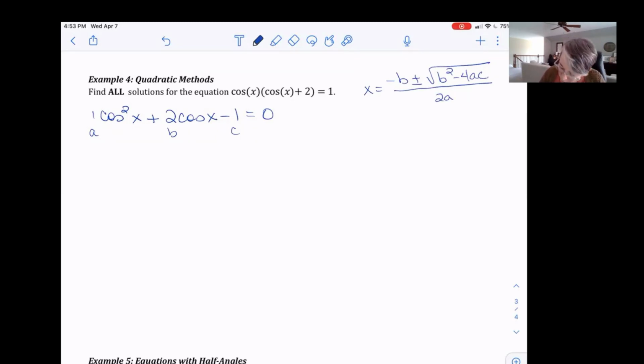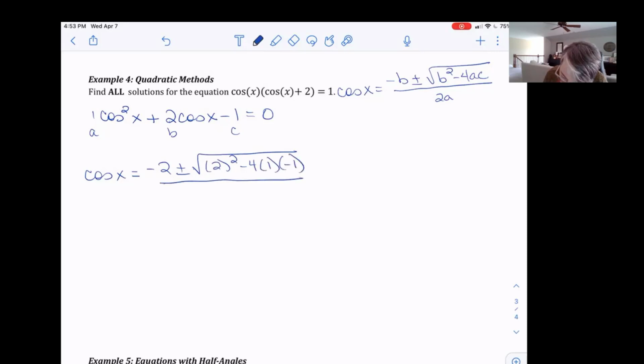Our unknown is the cosine of x, okay? So that means we would have the cosine of x equals the opposite of our b plus or minus the square root of our b squared minus 4 times our a times our c all over 2 times our a, which is 1. So that would give us -2 plus or minus the square root of 4 plus 4.